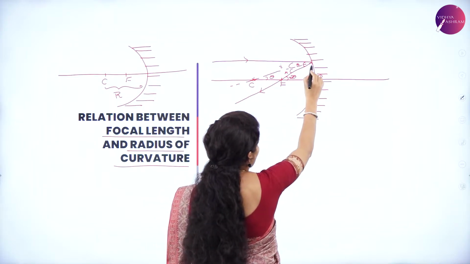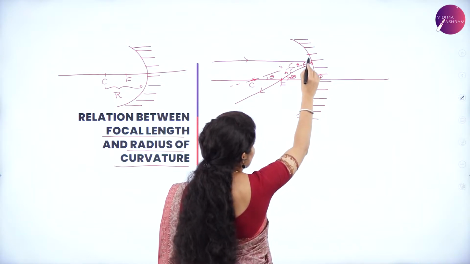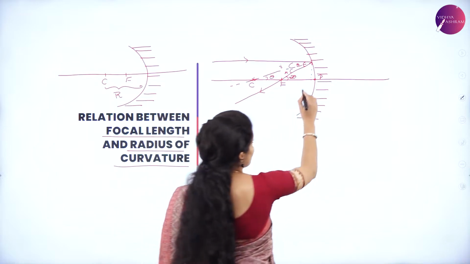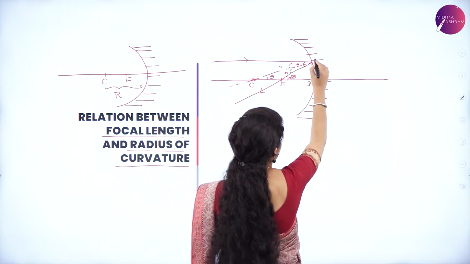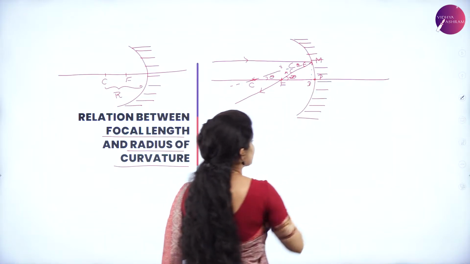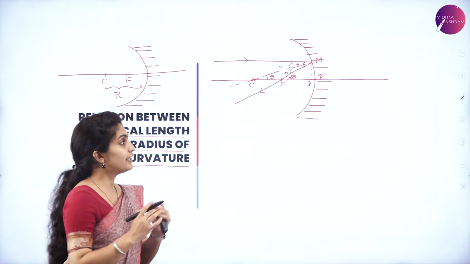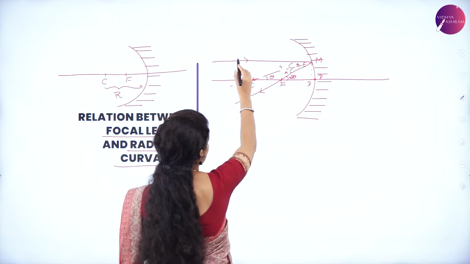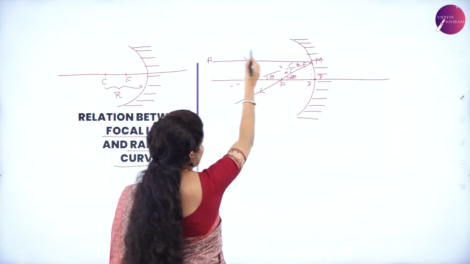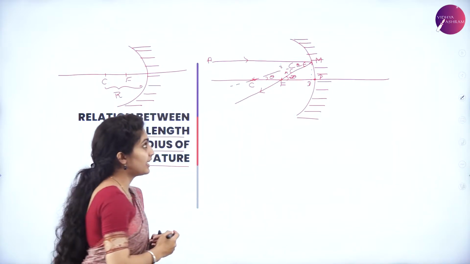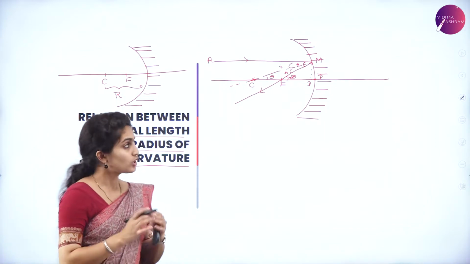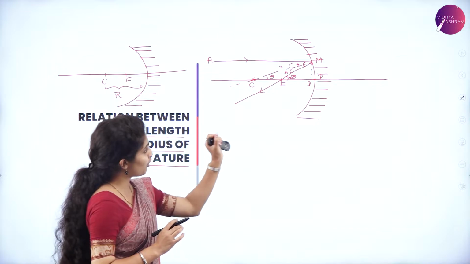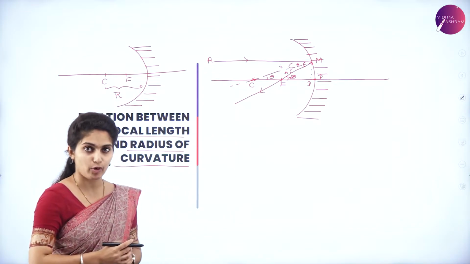Here we have a normal line drawn to the principal axis, call it point D, and the point of reflection is said to be M. If the naming is done like this, we have a ray called AM, starting at A and ending at M. So you have points A, M, C, F, D as well as P.